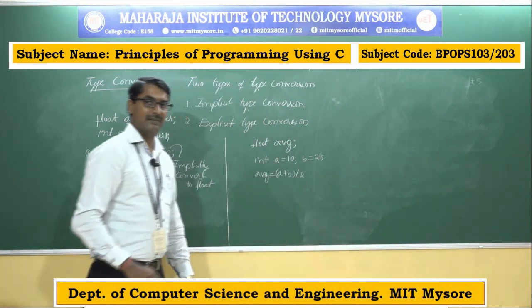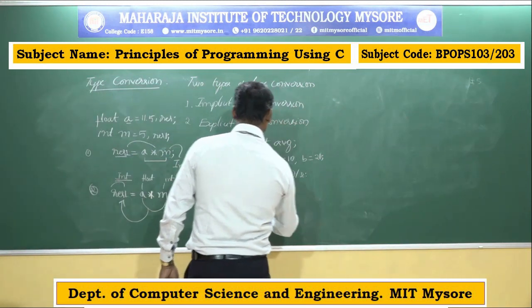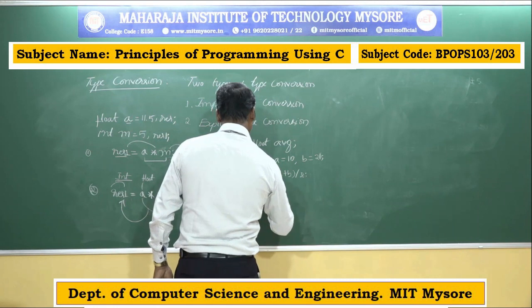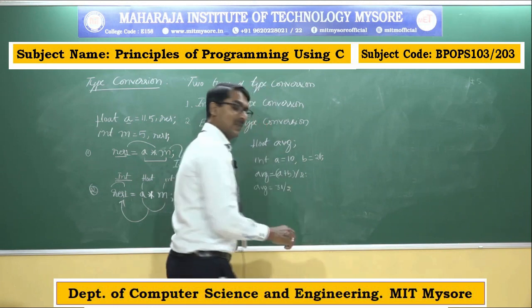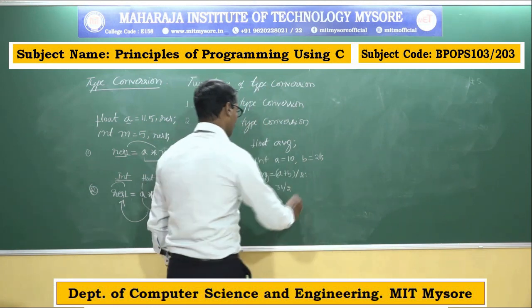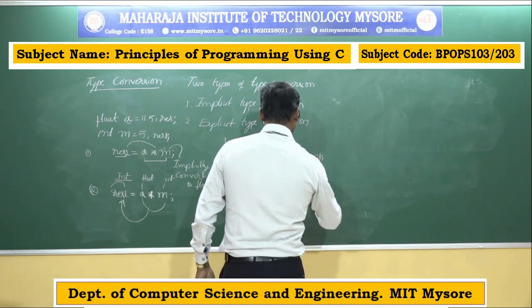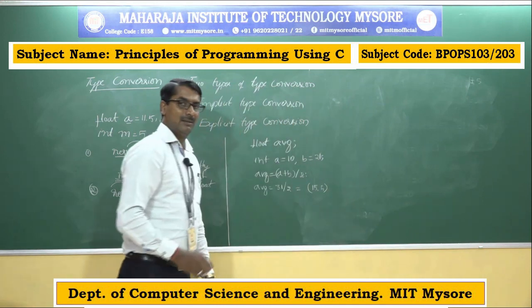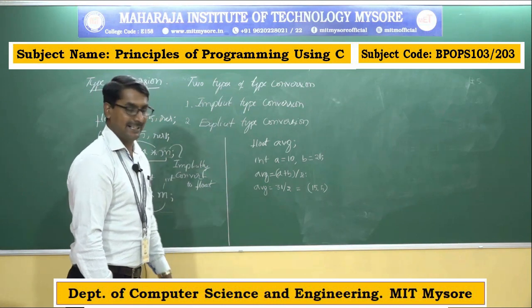When you perform this operation, 10 plus 21 is 31, and 31 divided by 2, the actual value is 15.5.